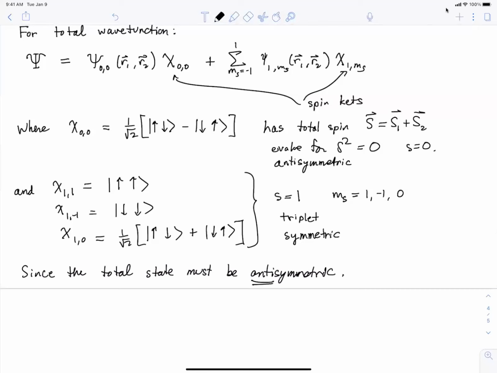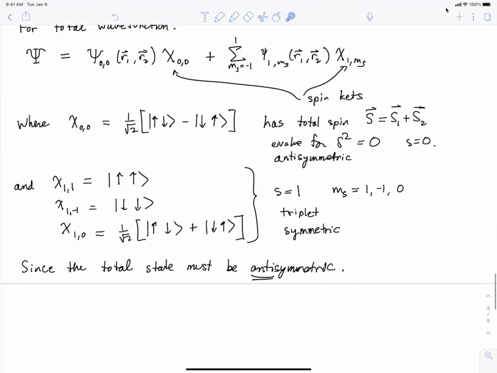That means if I look at just this one where this is already antisymmetric, then this will have to be symmetric to make it work. And if I look at this term where this is already symmetric, then the thing multiplying it has to be antisymmetric under interchange of the labels.